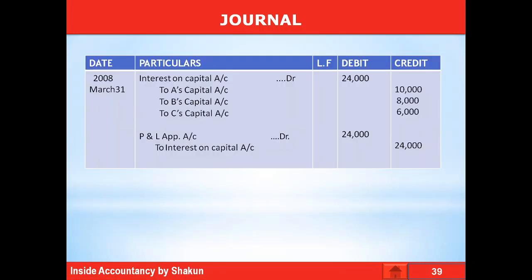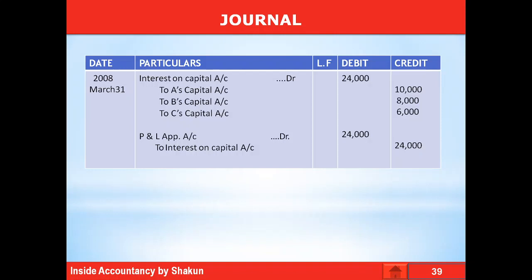The next two entries which I have mentioned are regarding interest on capital. Interest on capital is an expense for the firm, hence debited, and the partners receive it, therefore the partners' capital accounts are credited. Interest on capital, being an expense, is transferred to the debit side of P&L appropriation account. Hence the entry P&L appropriation account DR to interest on capital.